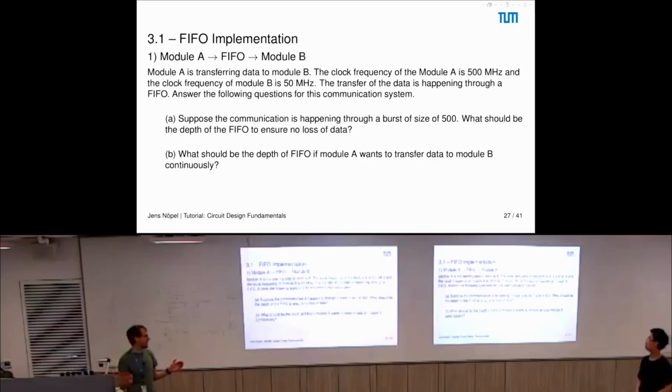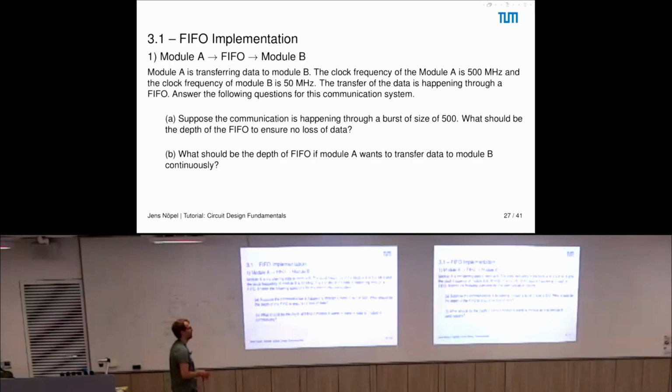One packet is sent every clock cycle. And then you get a time span for how long it needs to send 500 packets. And then you can go the other way around: module B, how many packets can it receive in that amount of time?